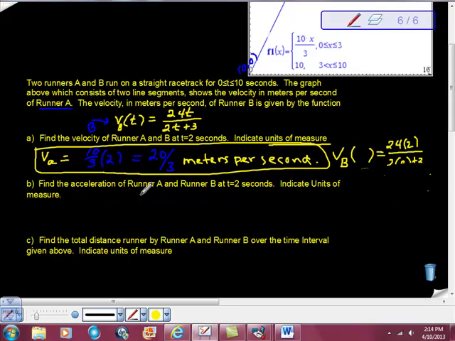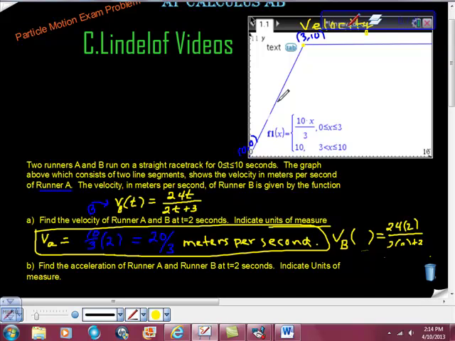The next part of the problem is find the acceleration of runner A and of runner B at t equals 2. Well, the acceleration of runner A at t equals 2 is just the slope of this, right, because we want the derivative of this. So this is 10 thirds t.